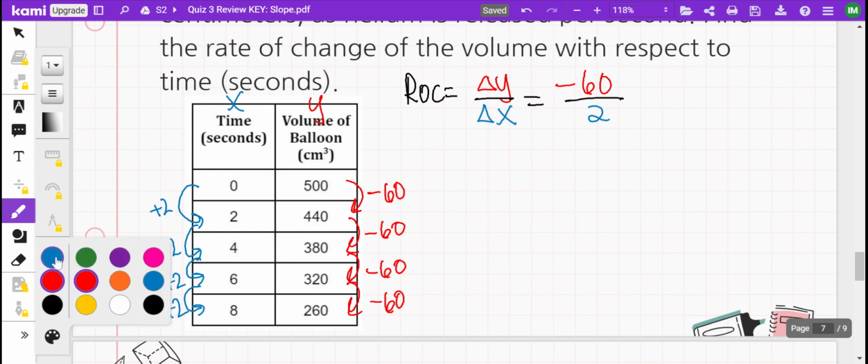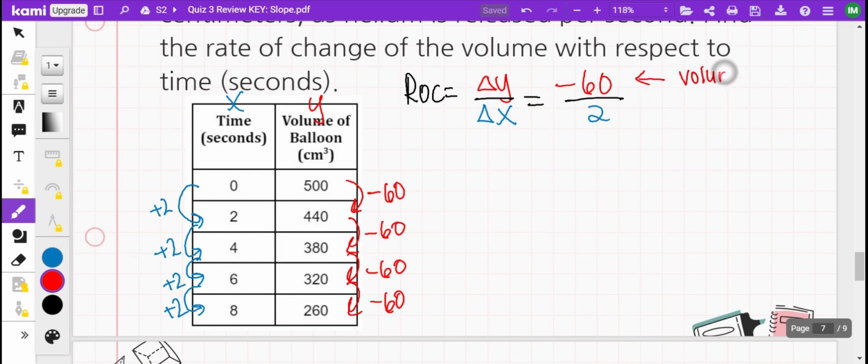So in this case, the negative 60 represents the volume of the balloon. The 2 represents the seconds. So this means that the volume is dropping 60 cubic centimeters every 2 seconds.